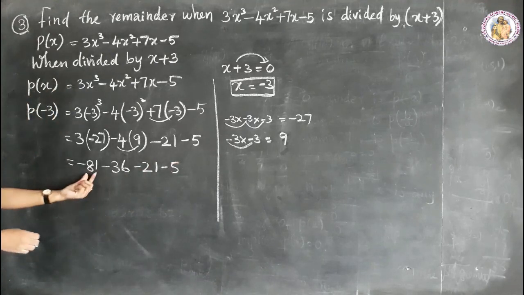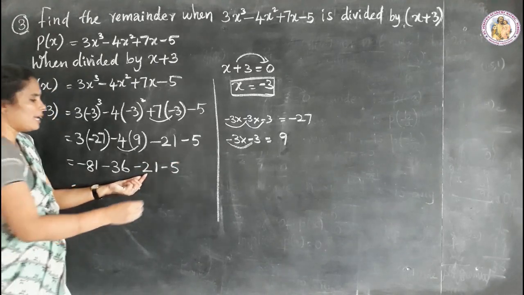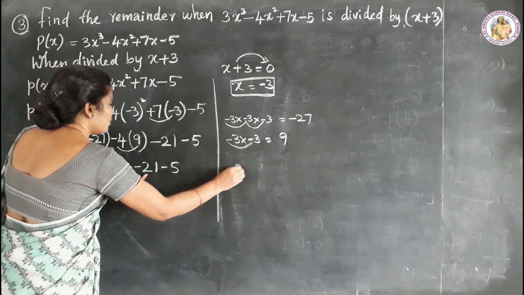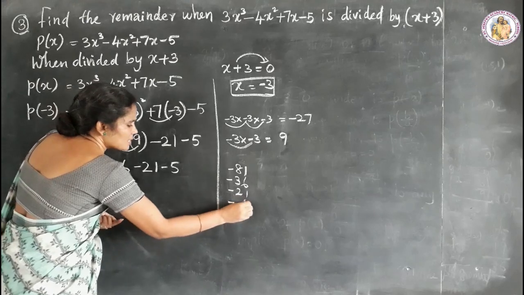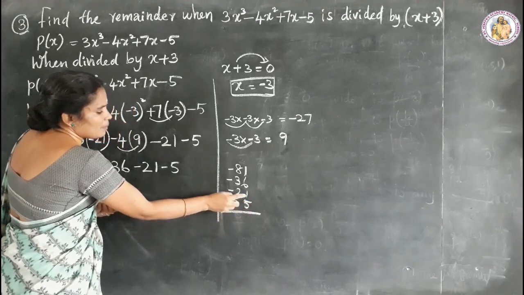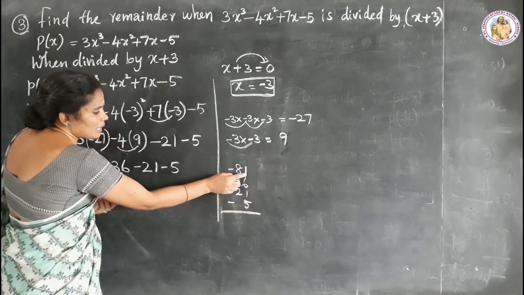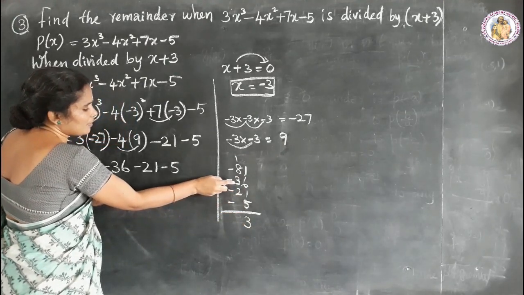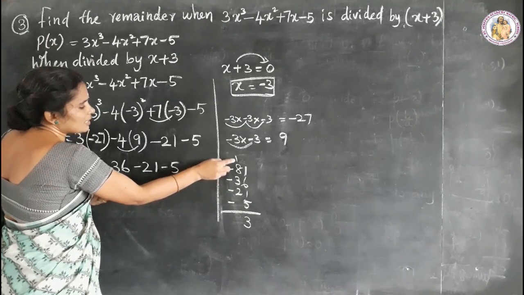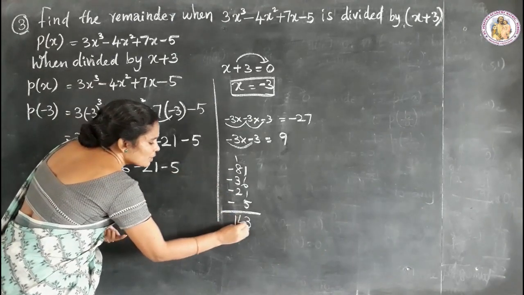Now you can see all the values are negative, so add all. That is minus 81, minus 36, minus 21 and minus 5. Okay, 5 plus 1 is 6, 6 plus 6 is 12, 12 plus 1 is 13. So again here 2 plus 3 is 5, 5 plus 8 is 13, 13 plus 1 is 14.